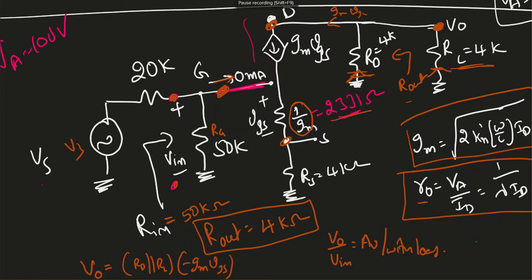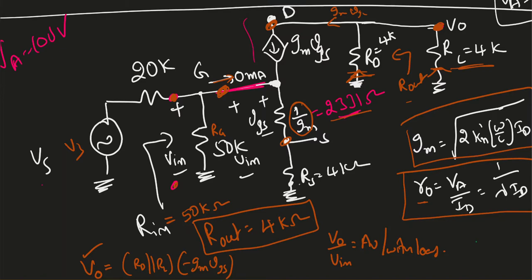Now our goal is finding the relation between output voltage and input voltage. I know output voltage. Here I have VGS. I need to convert that into Vin. So if you look at here, even though the current passing through this is 0 milliampere, the voltage here is V input. So basically the materials we are using here make the voltage appear at this point as the input voltage.